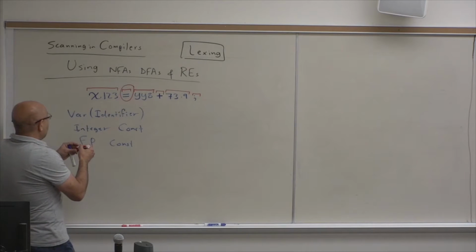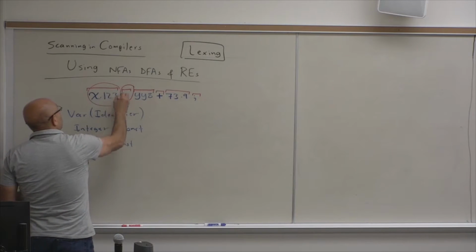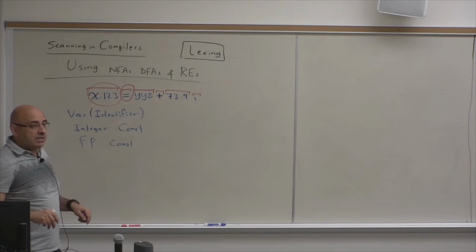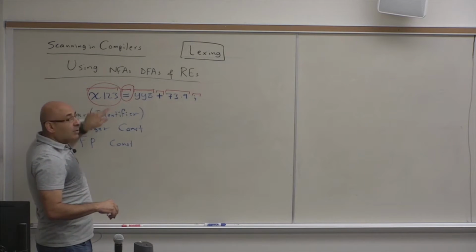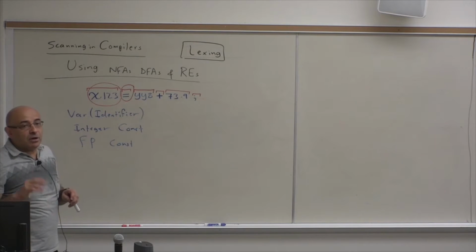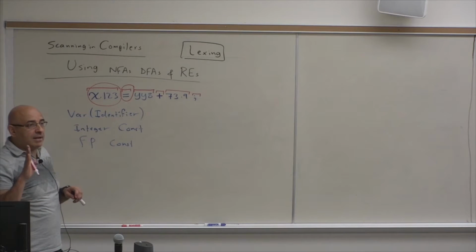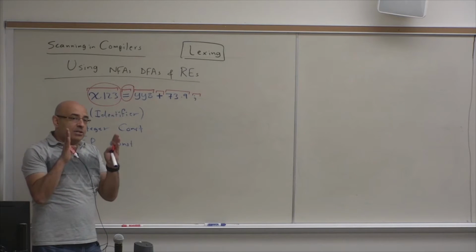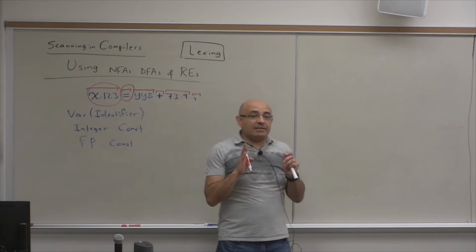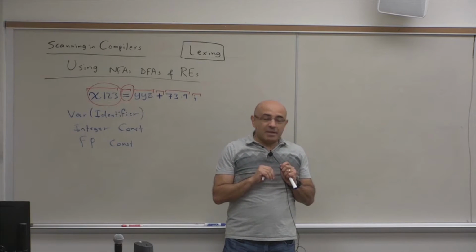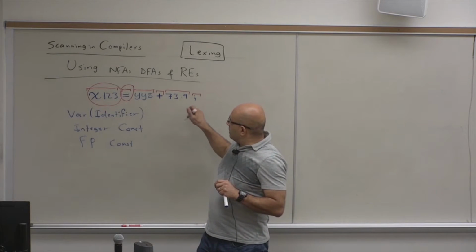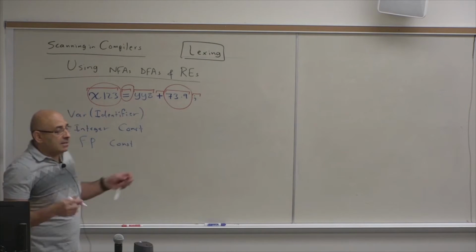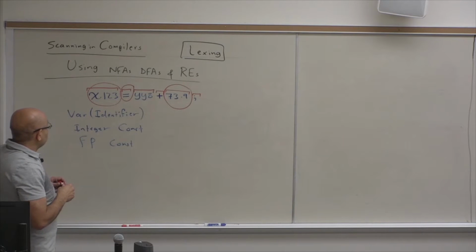While the language that has all valid variable names has many more strings in it. It depends on whether you limit the length of a string or you don't. If you don't limit the length of the string, then you will have an infinite number of strings in the language that has all valid variable names. And the same applies to the language that has all valid integer constants or floating point constants.